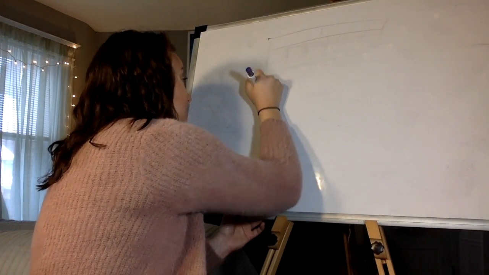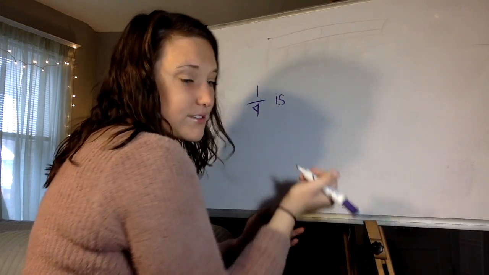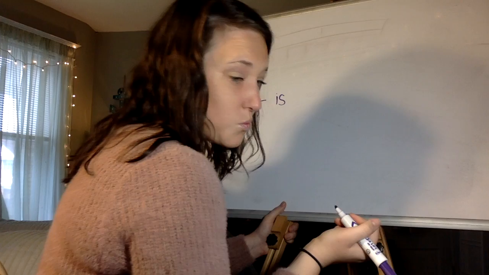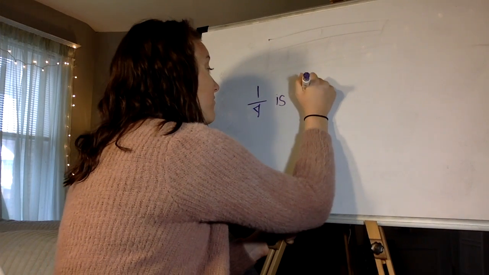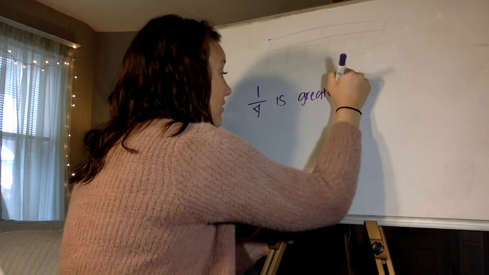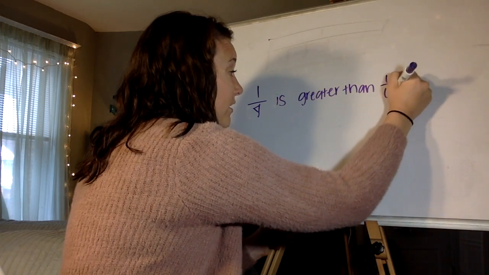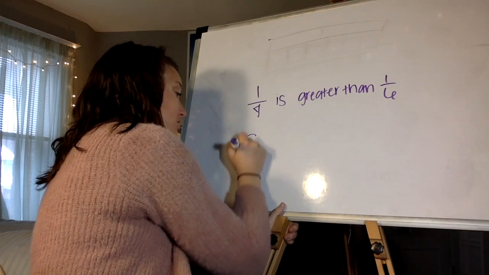So in that example, it says 1/4 is, and we're comparing it to 1/6. So 1/4 would be greater than 1/6.